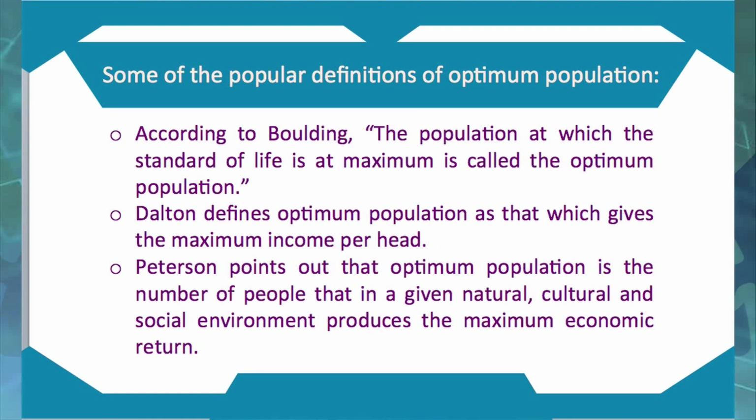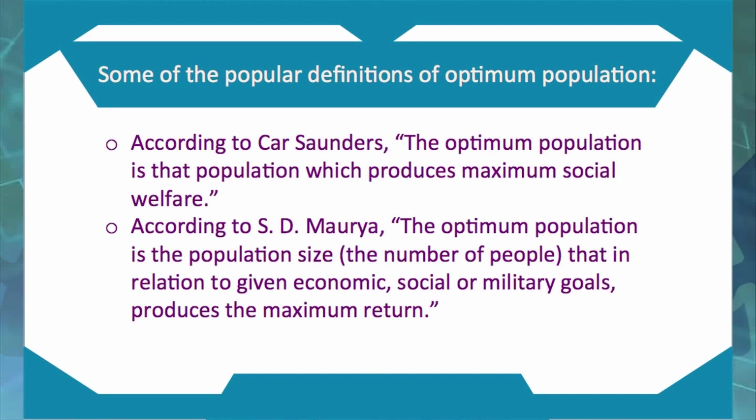Peterson points out that optimum population is the number of people that in a given natural, cultural and social environment produces the maximum economic return. According to Kerr Saunders, the optimum population is that population which produces maximum social welfare.